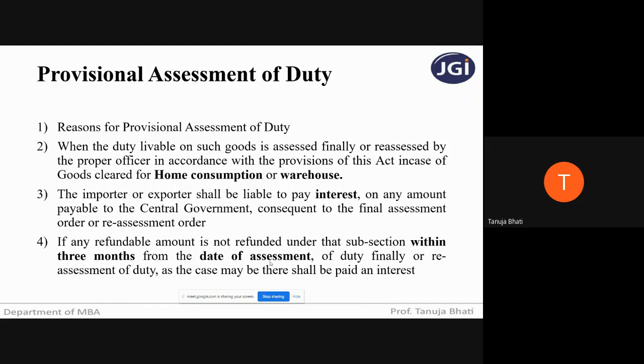If it is excess, it will be refunded. It should be refunded within a period of 3 months. If not refunded, interest will be applicable. If it is deficit, then the importer needs to pay the amount, and if he has not paid, he will be liable for interest. The rate of interest will be fixed by the central government.